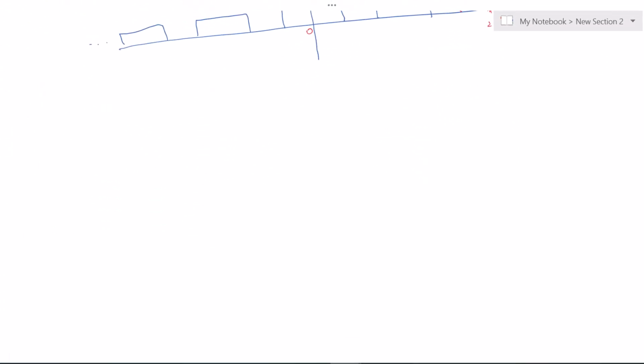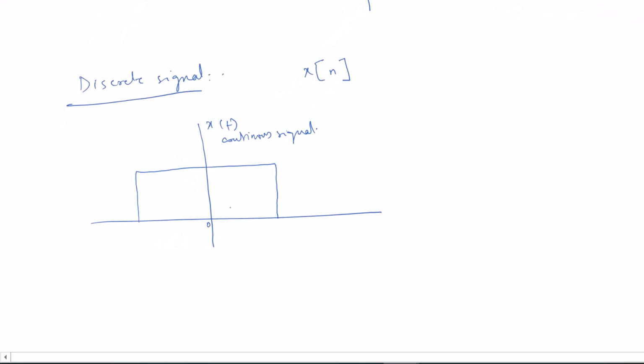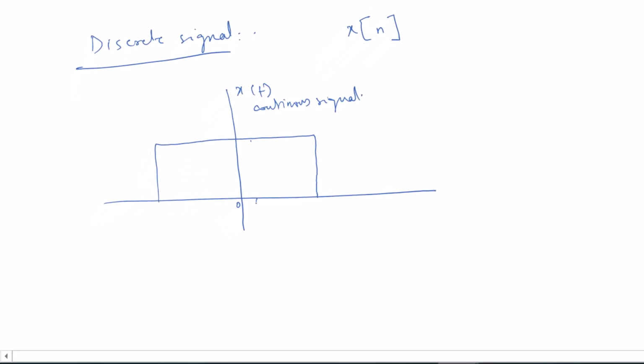Similarly, now let's talk about the discrete signal. The discrete signal is represented by x of n. Let's draw a continuous signal first. If we take samples here, here, and here, similarly at 1 the signal value is here, at 2 here, the same values at all the points.